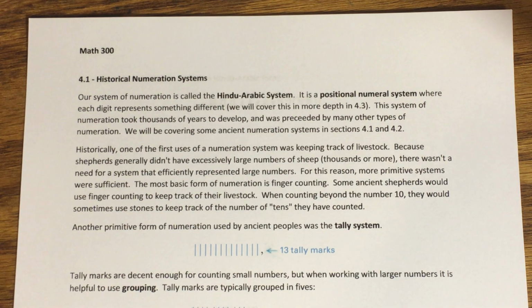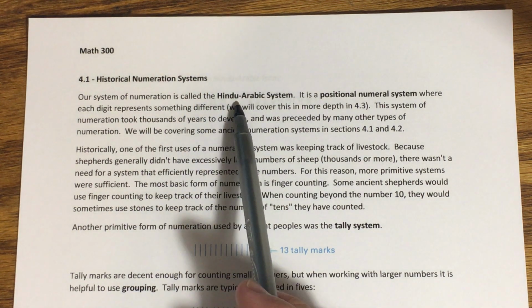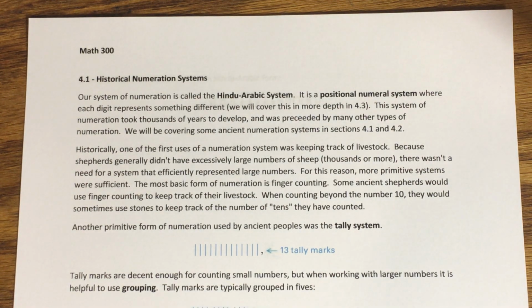So again, what is a numeration system? It's just a way of representing numbers symbolically. We've very much internalized the way that we represent numbers, but unless you've looked into it intentionally, you probably haven't thought too much about how that system of numeration has developed, where it came from. It turns out the system of numeration that we use now, which is actually called the Hindu-Arabic system, is, in the grand scheme of things, not as old as you might think it is.